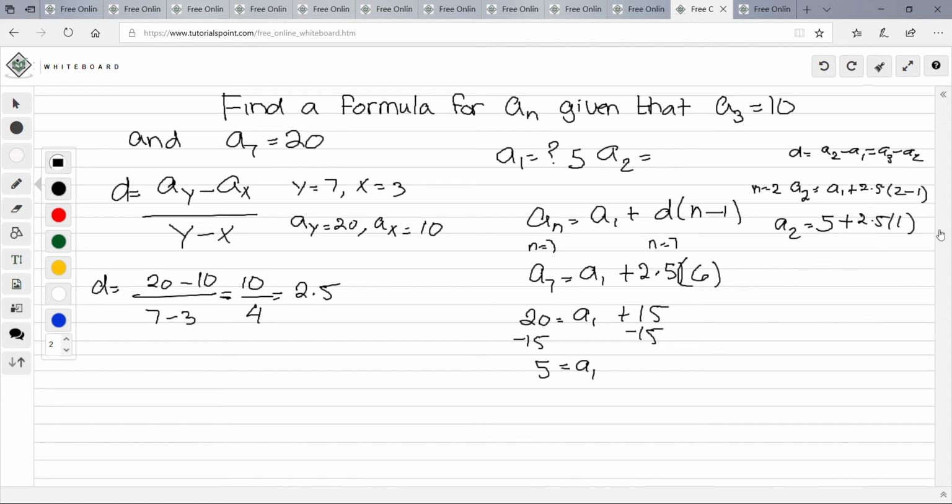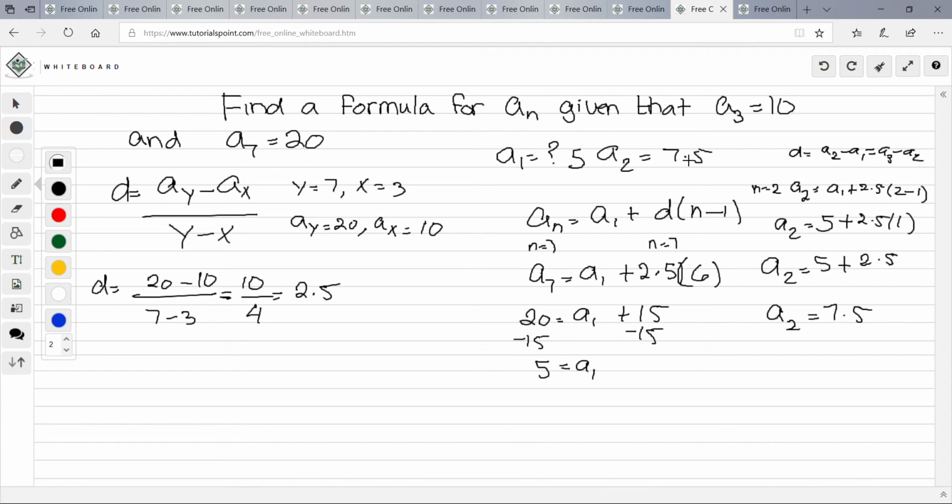That's how I got this formula. So A2 is 5 plus 2.5 times 1, which is 2.5, so A2 is 7.5.